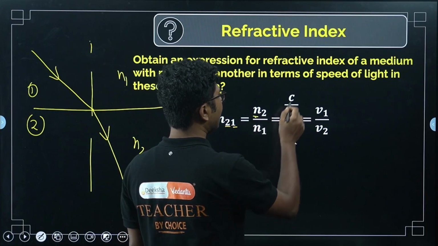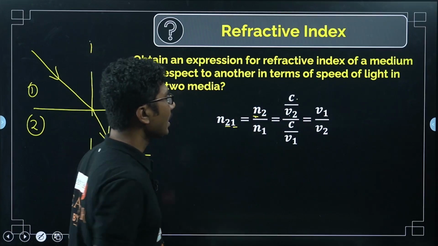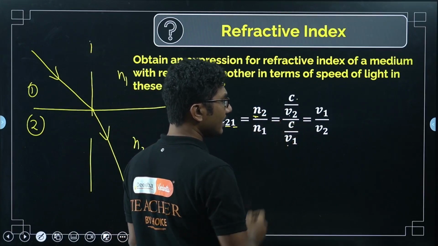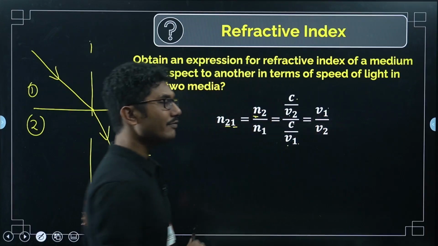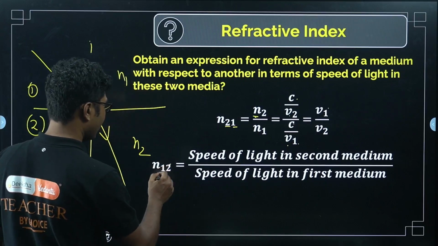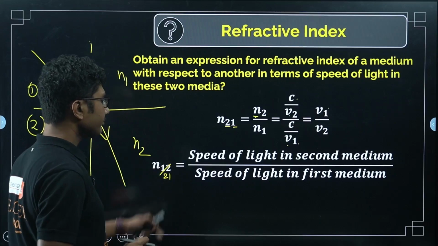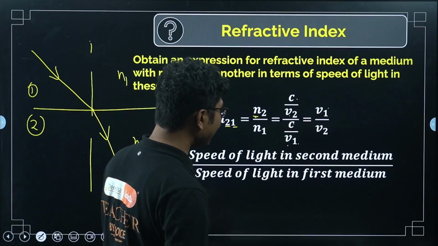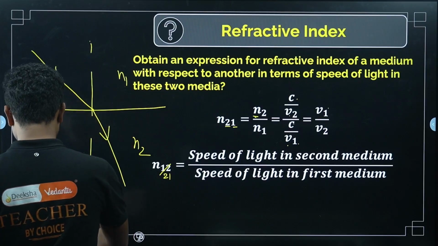N2 is C by V2, where V2 is the speed of light in medium 2, and N1 is C by V1. Or we can write this as V1 by V2. So we can write N21, not N12, it should be N21: the speed of light in the first medium divided by the speed of light in the second medium.